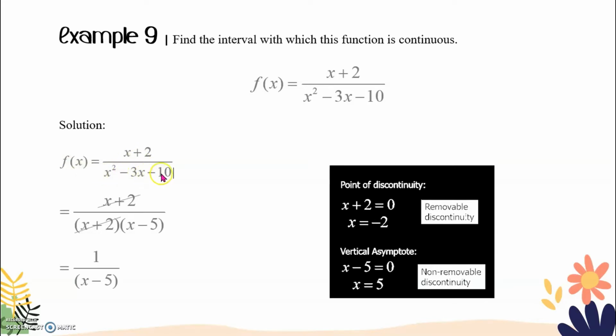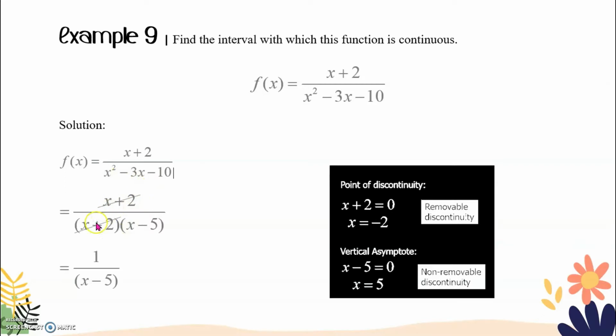So solving, we have f of x is equal to x plus 2 all over x squared minus 3x minus 10. To find the points of discontinuity and the vertical asymptote, let's factor our denominator. So we're able to find the factors that are x plus 2 times x minus 5 as factors of x squared minus 3x minus 10.